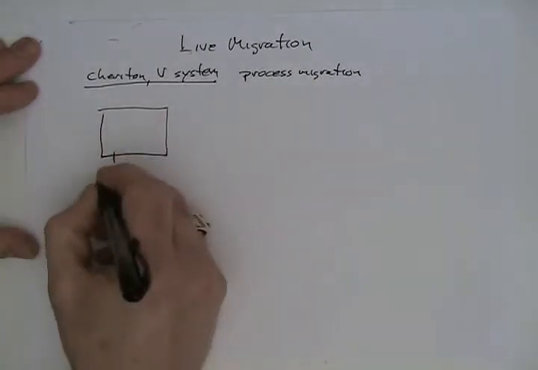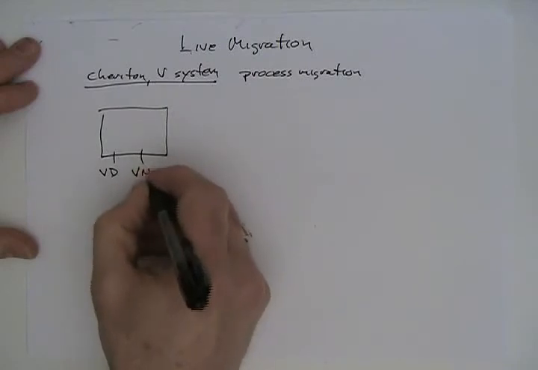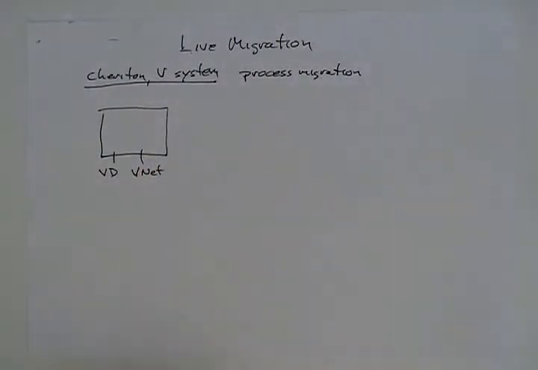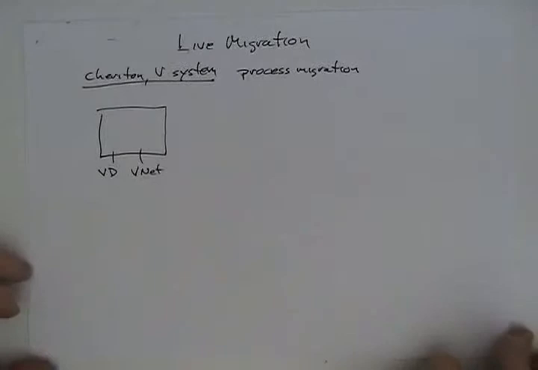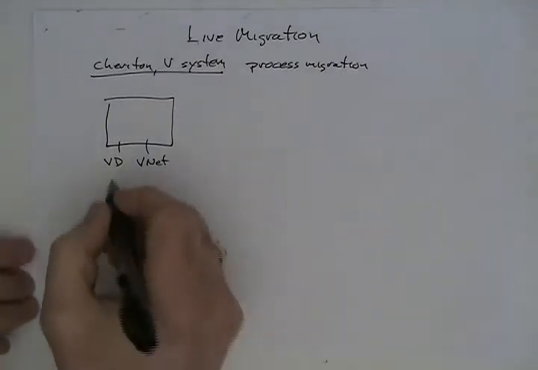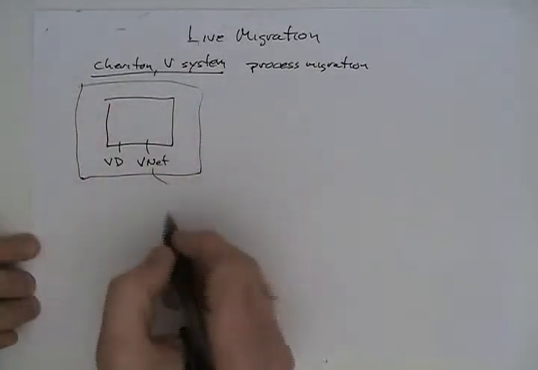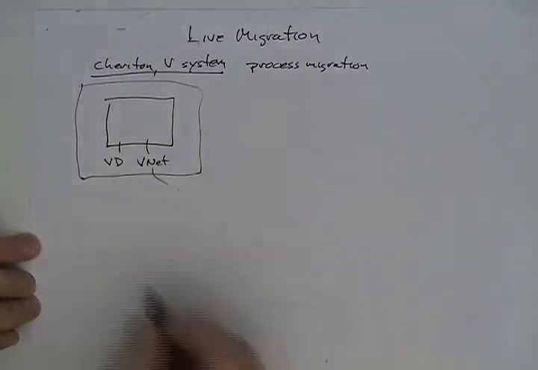its state, it has a virtual disk, it has a virtual network interface, it may have a virtual display, although for a server that's rarely used. And if this is our hardware, well, the virtual network interface clearly goes off onto the net.